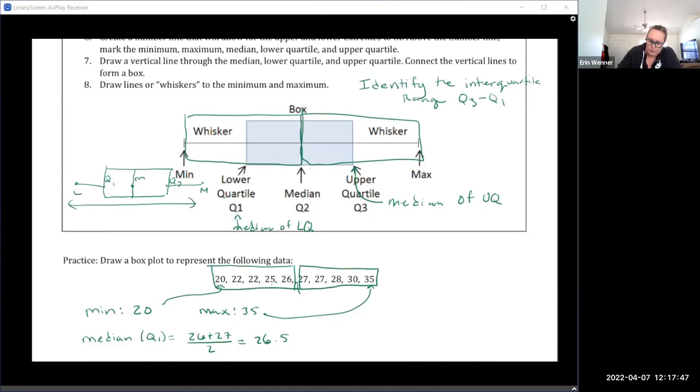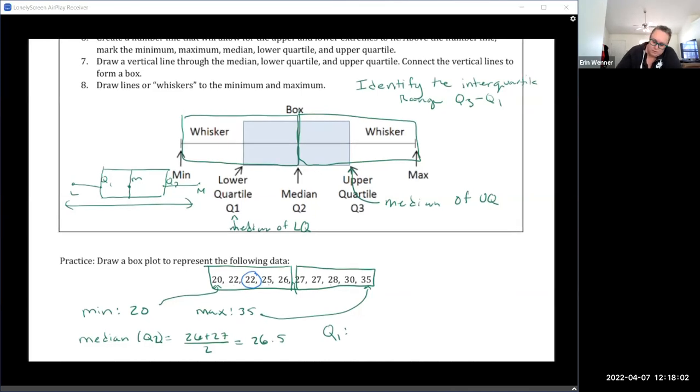So the median of the lower quartile, or Q1. I'm looking here, I've got 5 data points. So there's my median. And then we find the median of the upper quartile, which we mark Q3. So again, looking at this, I find my middle number, which is 28. And that's my value.